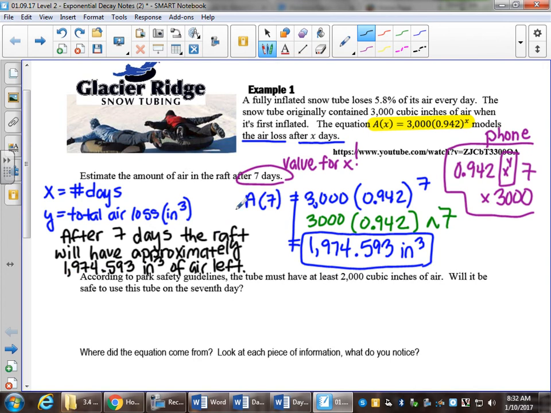Our follow-up question says, according to park safety guidelines, the tube must have at least 2,000 cubic inches of air. Will it be safe to use this tube on the 7th day? The answer is definitely no. There's not enough air.